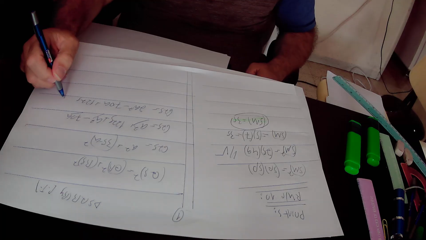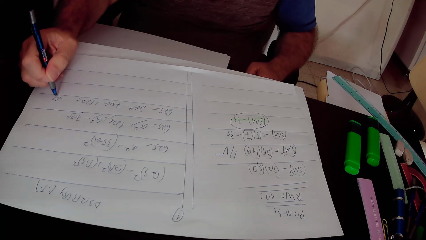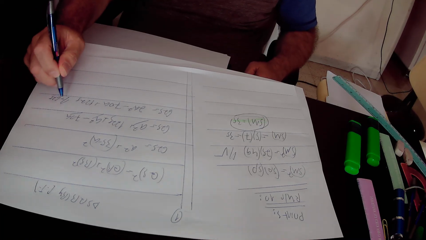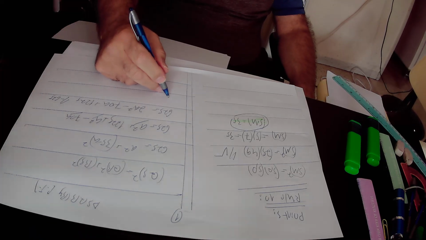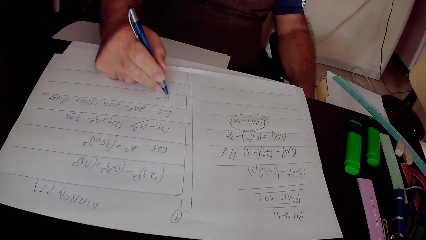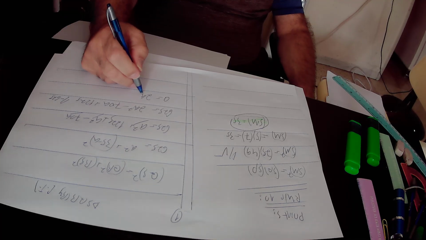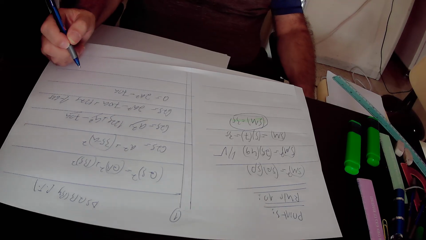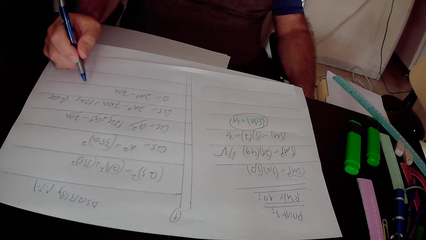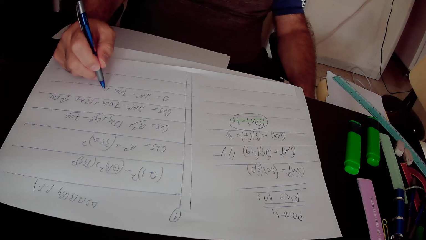Here we subtract 625 from this equation. On one side of the equation we are left with 0, while on the other side we have 2a squared minus 70a. 1225 minus 625 is 600, so it is plus 600.